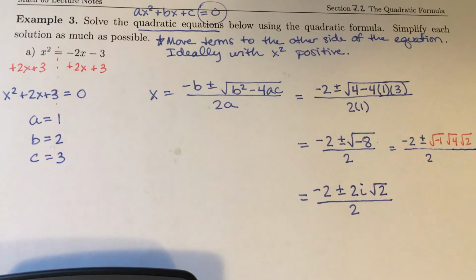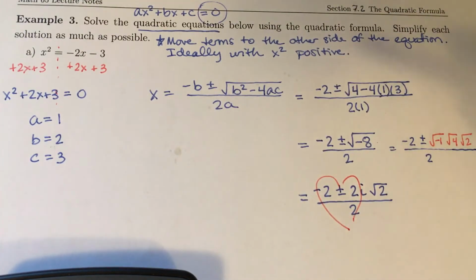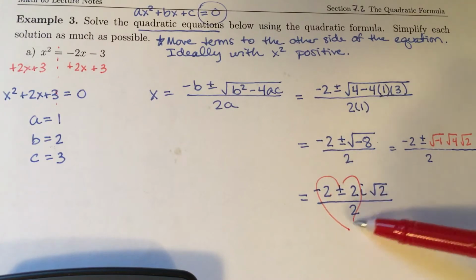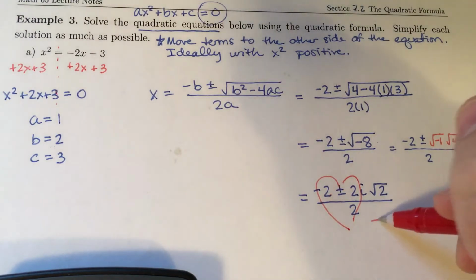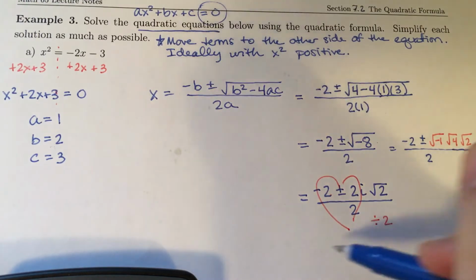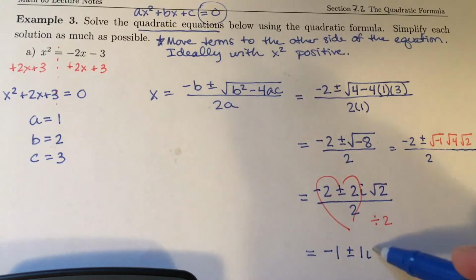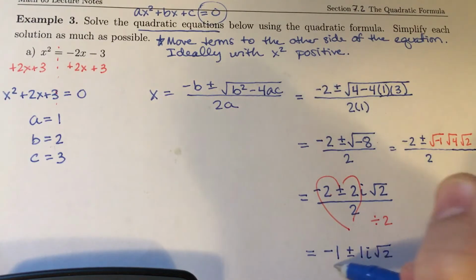But to simplify this is when we get to use our simplification. We look for what goes into all 3 of these pieces, which in this case is 2. So I need to divide all 3 terms by 2 to simplify this fraction.